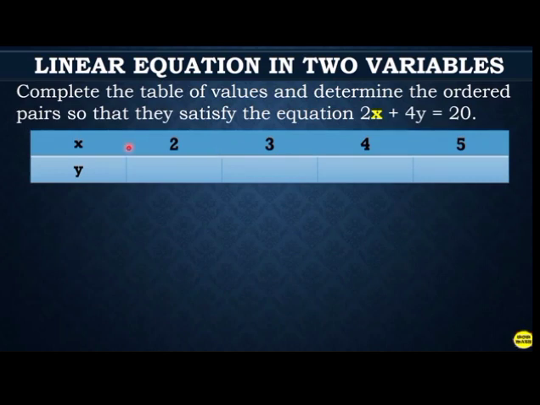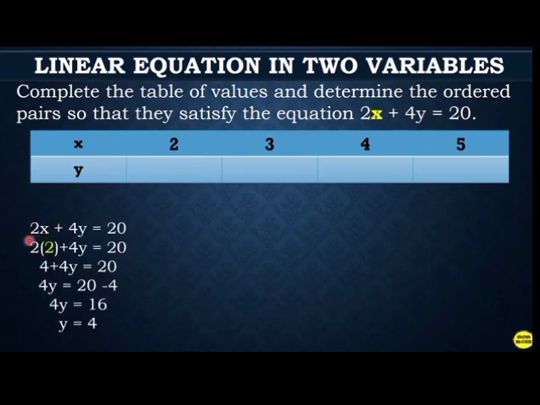So let's substitute. I have here 2x plus 4y equals 20, and the value of x first is 2. So let's substitute: 2 times 2 plus 4y equals 20.